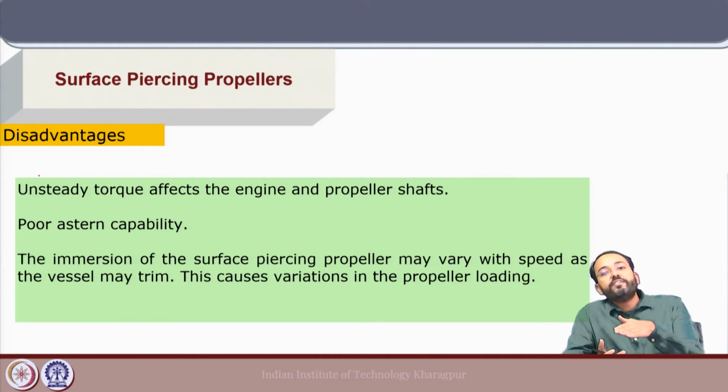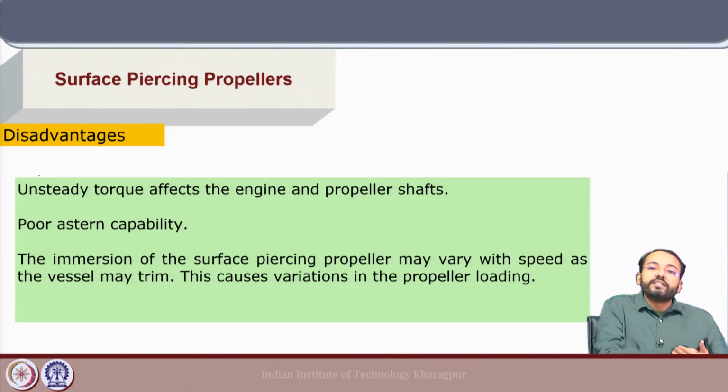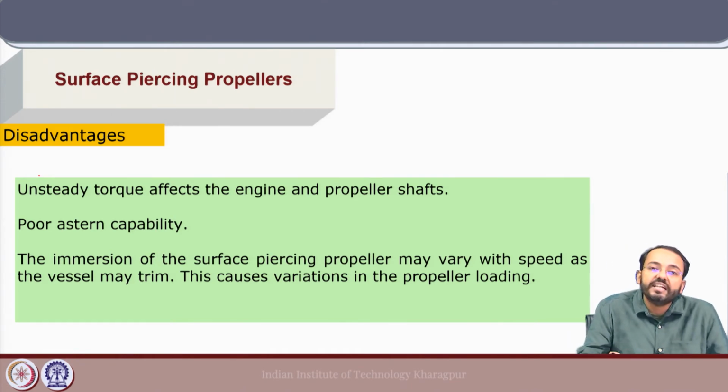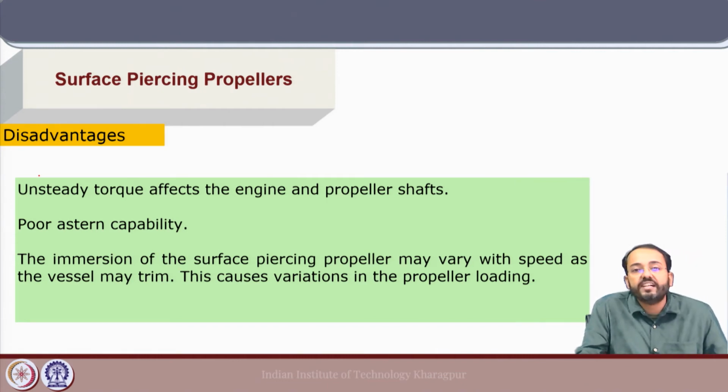As the speed increases, the vessel immersion will be different because the draft will also change, and hence the propeller immersion will change with speed, and hence the performance of a surface piercing propeller will also change with the vessel speed, and hence the design condition should be properly looked into when the fully ventilated design condition is defined for the surface piercing propeller.